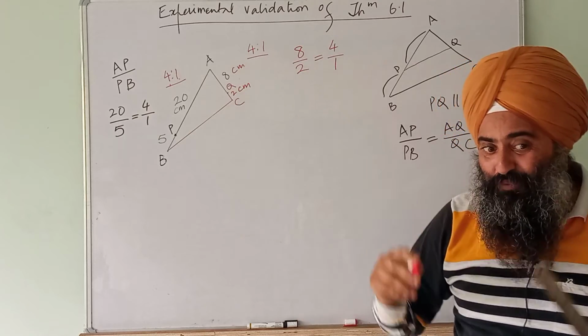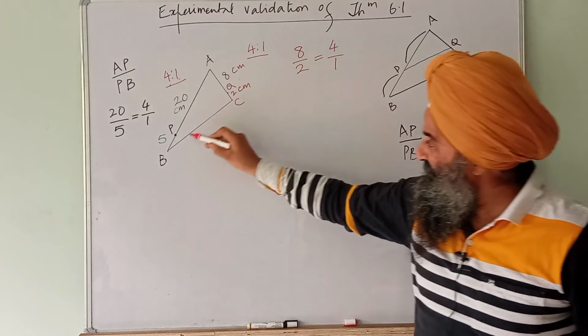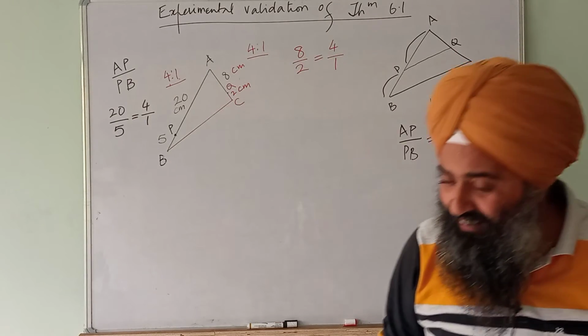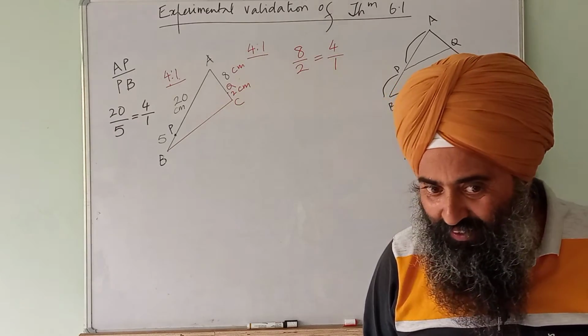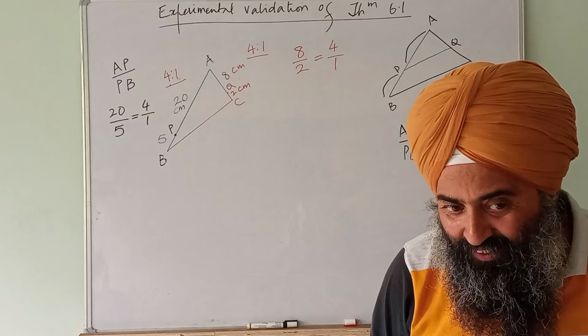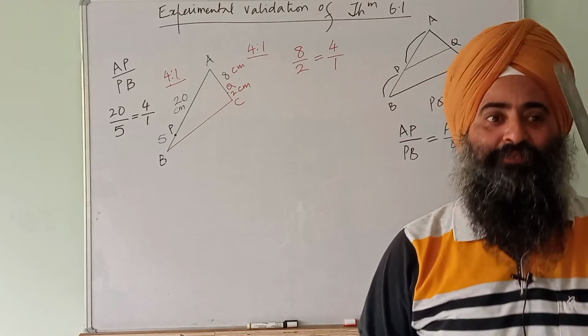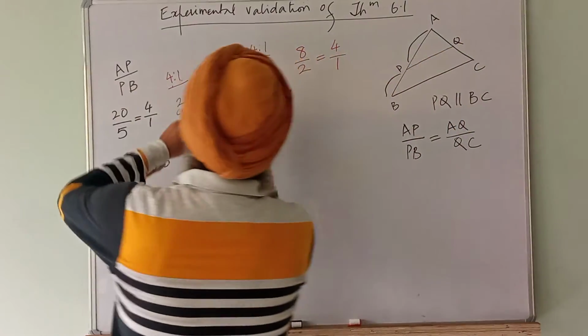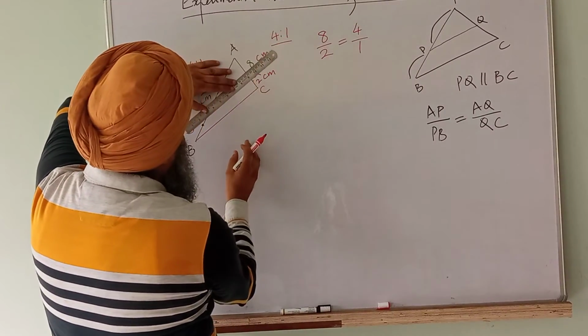So what will be proven? This line PQ should be parallel to BC. Correct. Beautiful. This is the reverse of this theorem. So let us try. I am going to join this.